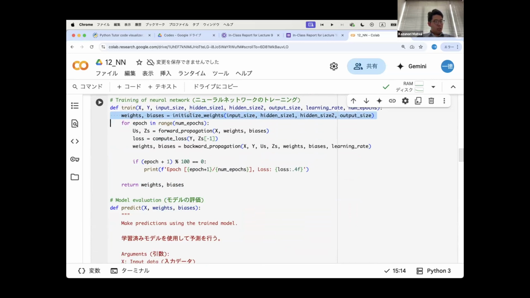First, we decide weights and biases. For input data, we determine values through forward propagation.